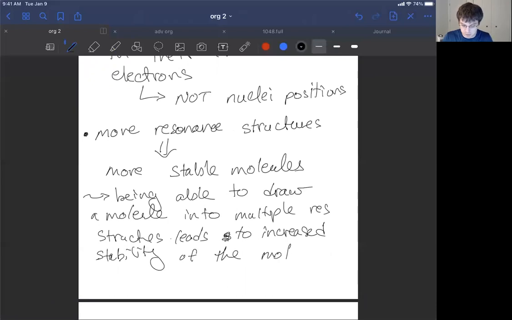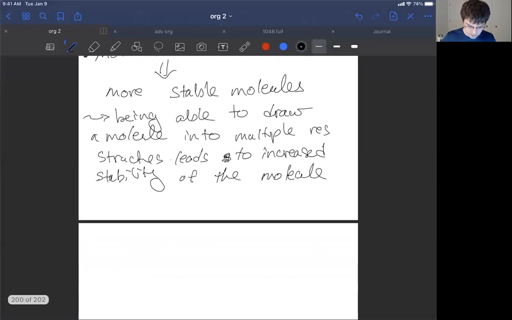So if the molecule can be drawn as multiple resonance structures, it's going to be a more stable molecule. Okay, so I just want to keep emphasizing this. Different depictions, same molecule. More resonance structures, more stable. Okay, with that in mind, let's go ahead and start to draw resonance structures of our allyl system.